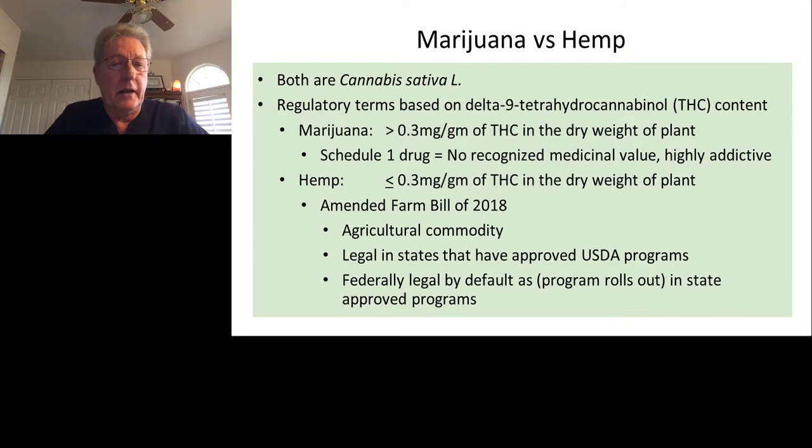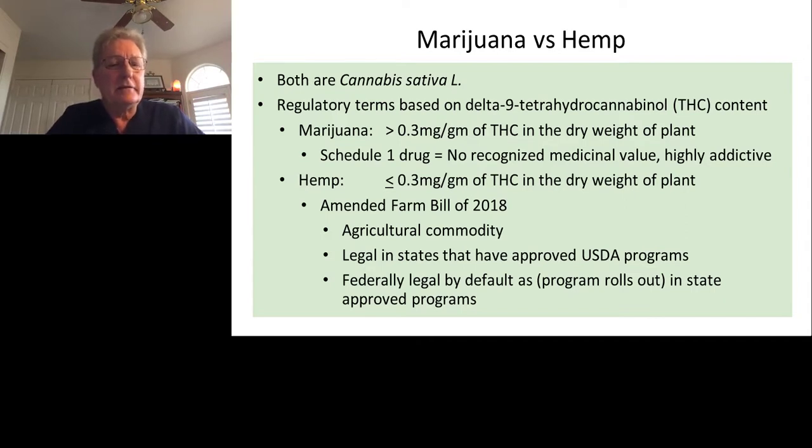Hemp, on the other hand, is defined as having 0.3 milligrams per gram or less of THC in the dry weight of the plant. And in the amended Farm Bill of October of 2018, Congress defined hemp finally as an agricultural commodity, both the plant and all of its components.